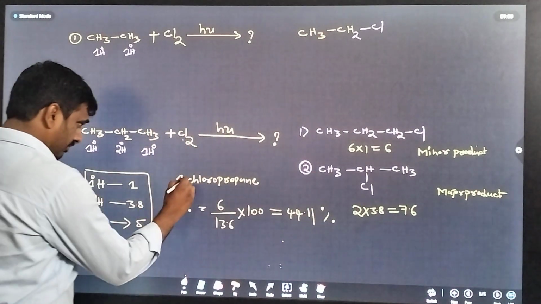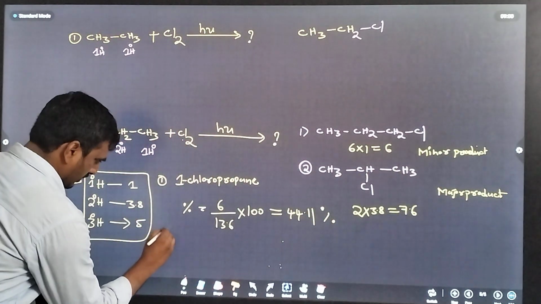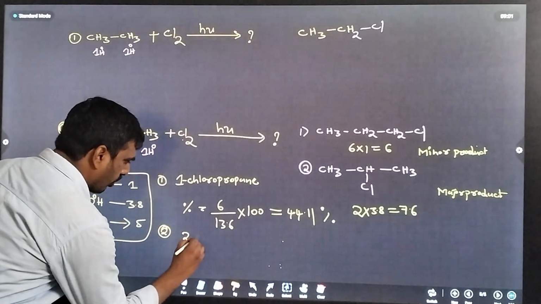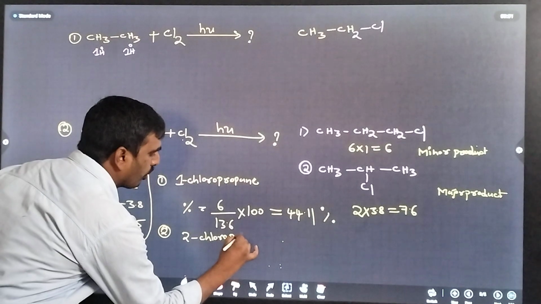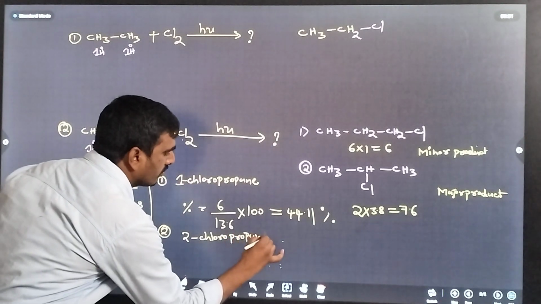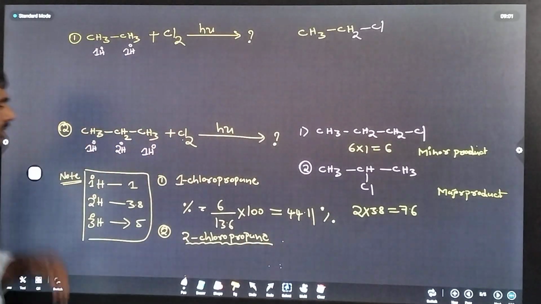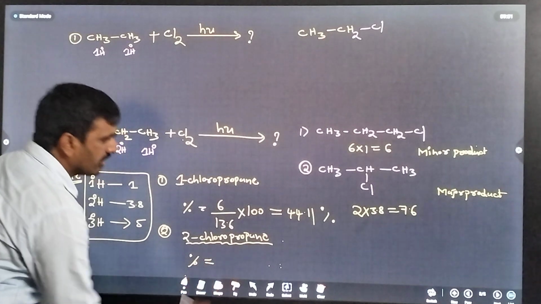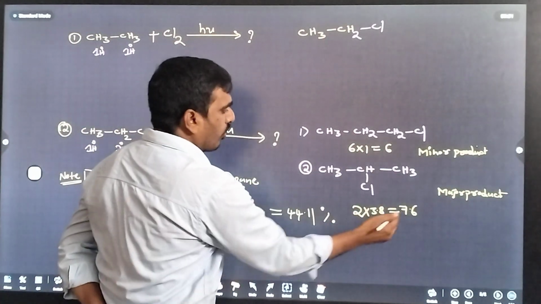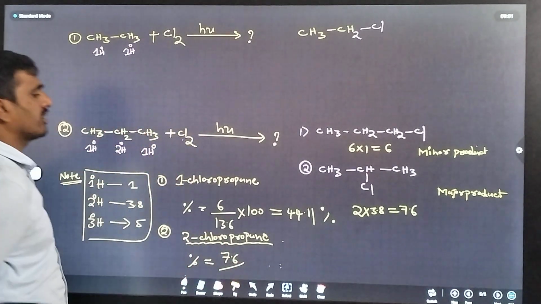Okay, second one. So this is the first one. So second one, 2-chloropropane, calculate the percentage. Okay, percentage. So how much contribution of the 2-chloropropane? 7.6.